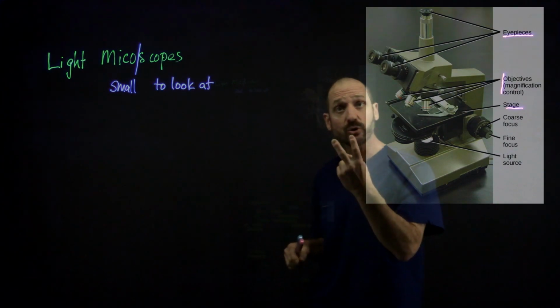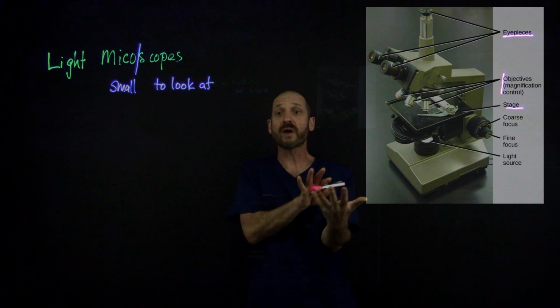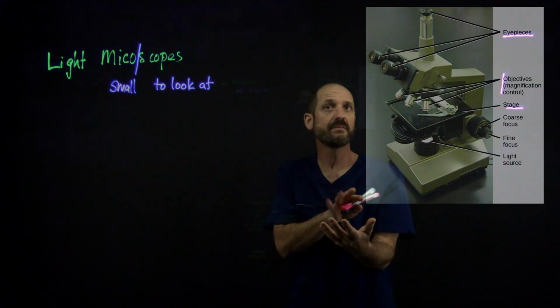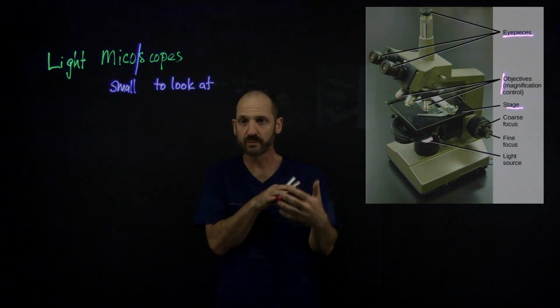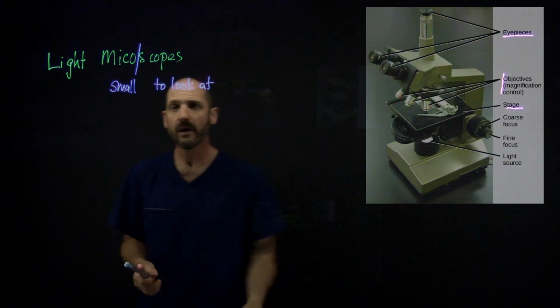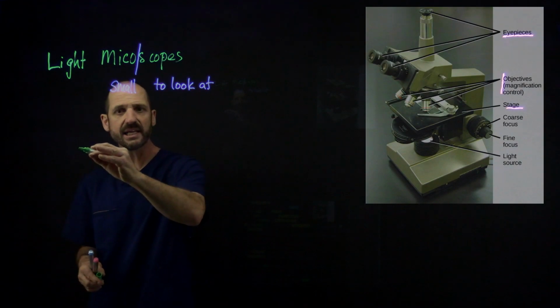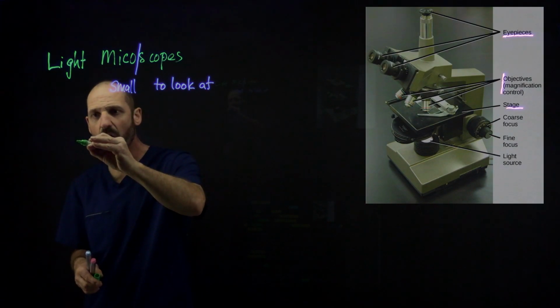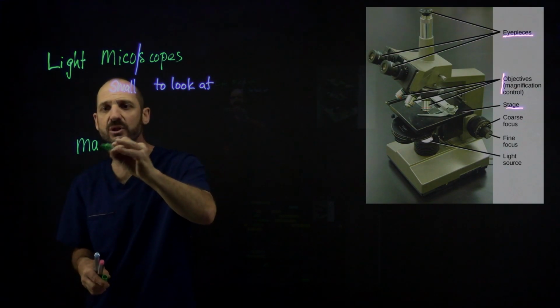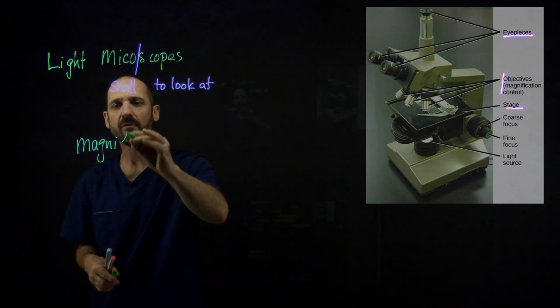Having those two sets of lenses, another thing it does is flip the image over and turn it right and left. So what is right shows up left, what is up shows up down. Then we have the term magnification. Magnification indicates the degree of enlargement, how much we enlarge something.